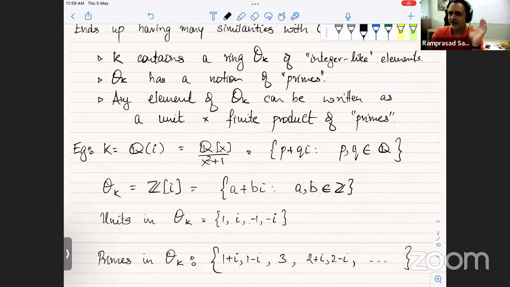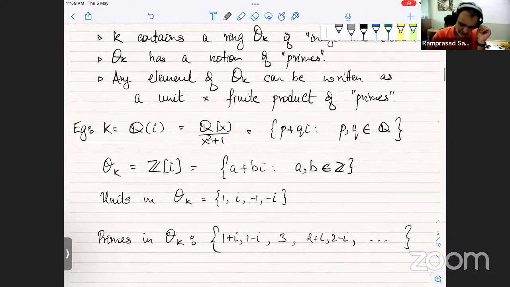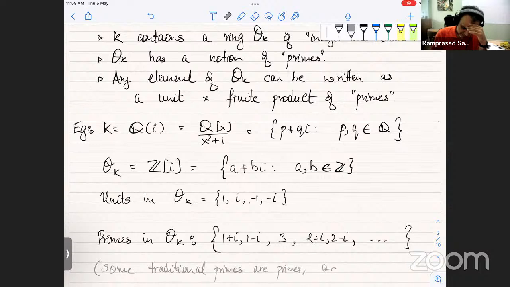So the notion of primes here is going to be slightly different. I'm just saying some traditional primes are primes and some split.